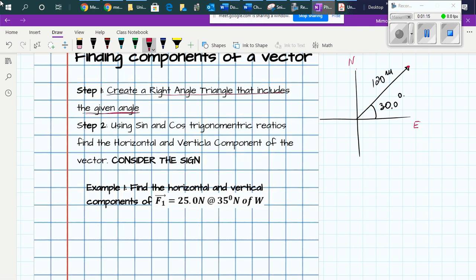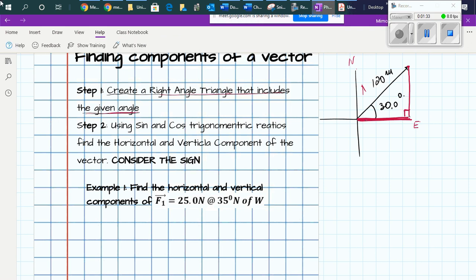So what we do is we draw a perpendicular, creating a 90-degree angle with, in this case, the east axis. This way, what do we have? We are breaking this vector, let's say vector A, down into two components, or two little parts.